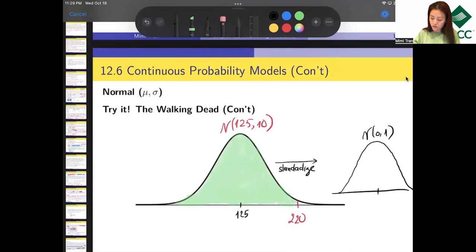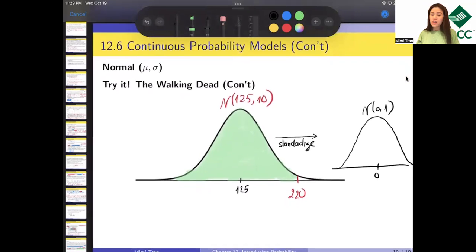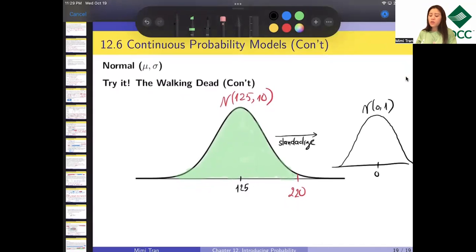So mean is 0 here. Now, the number 220 corresponding to the standardized curve will be right here, something which I don't know. The x-axis will be your z. Down here, the x-axis is the number of people who watched The Walking Dead, but over the standardized curve, the x-axis is actually your z values.